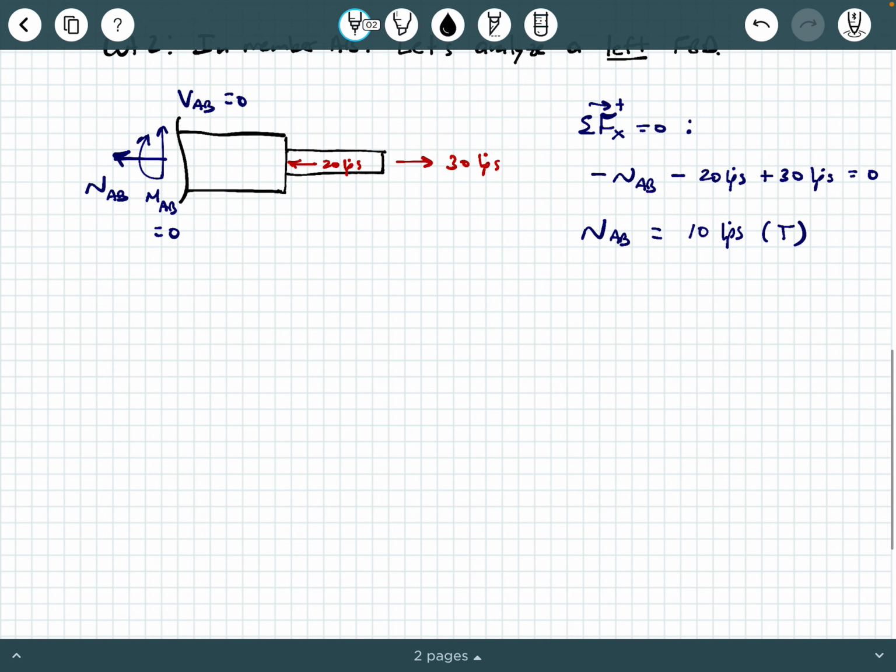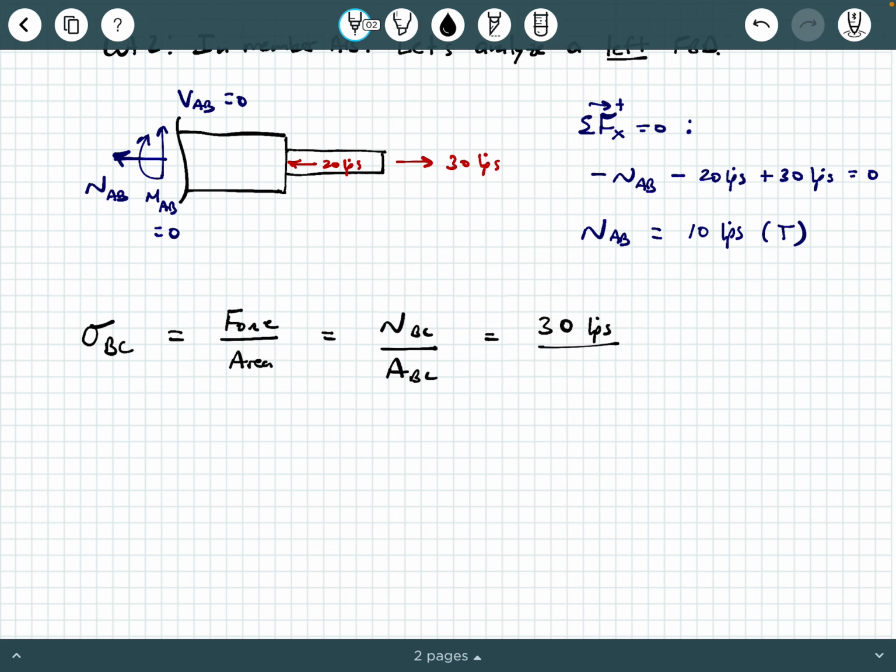So what is the average normal stress in member BC? I'm going to start with the first one I started with, BC, okay? Well, average normal stress is force divided by cross-section area, okay? So in this case, it's going to be NBC divided by the cross-section area of BC, all right? So this is going to be what? Well, the force in BC was 30 kips, and that was in tension.